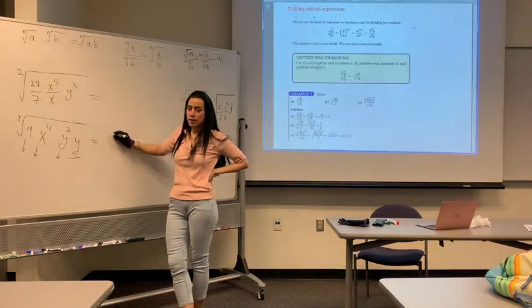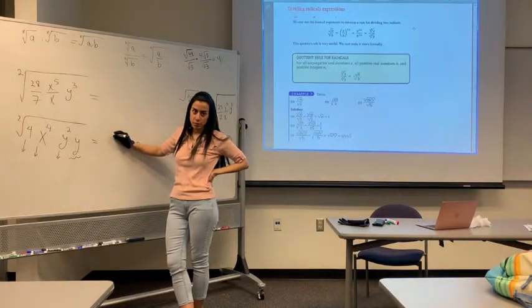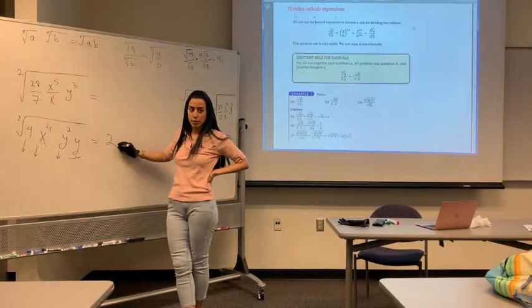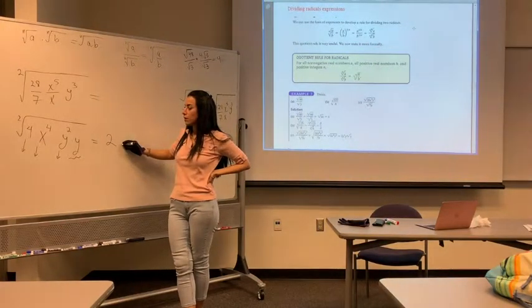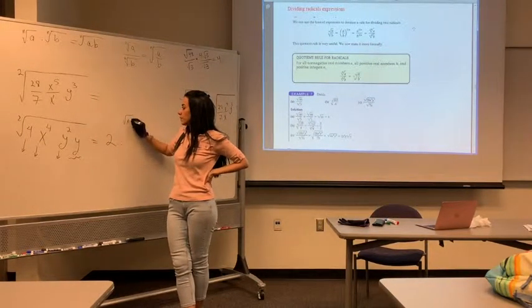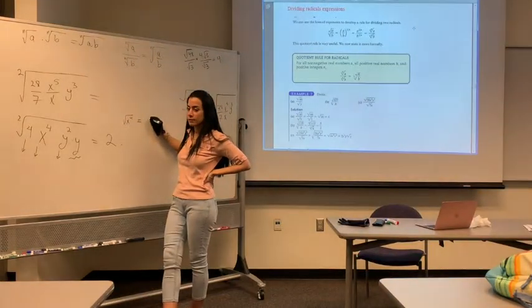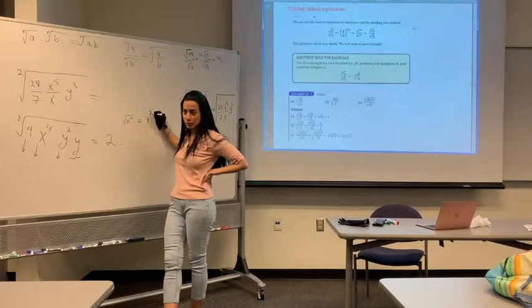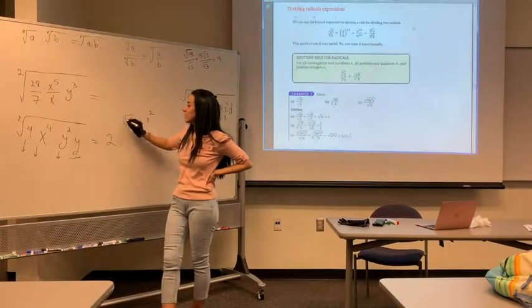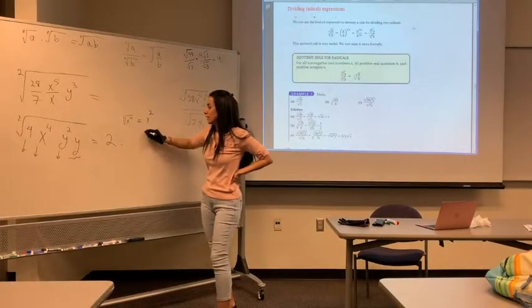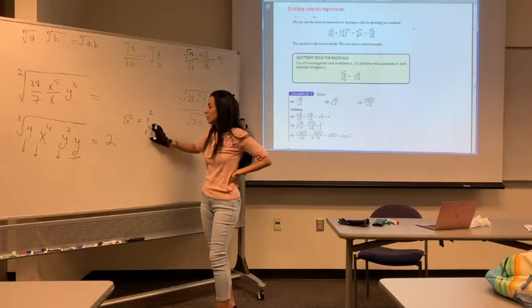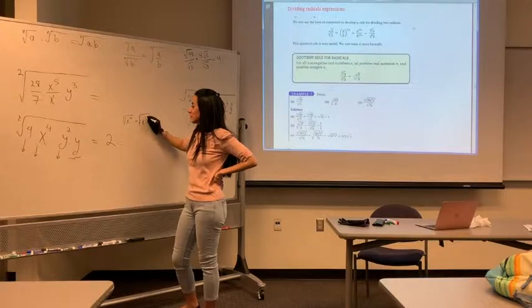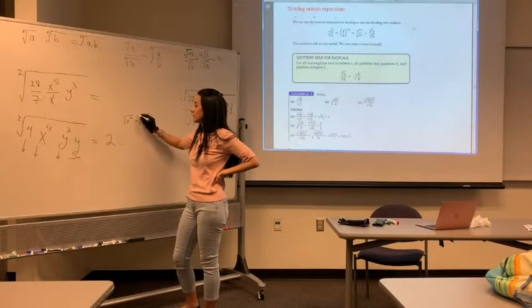Radical 4 with index 2 is 2. Correct? Radical x power 4 is x power 2. See, here we have 2. So x power 4 divided by 2. Or you could say x power 2 multiplied by x power 2.